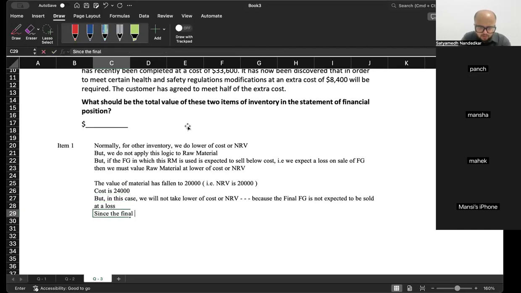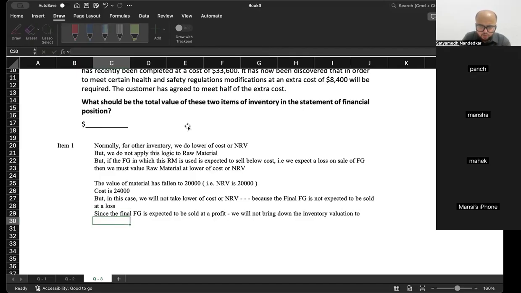Since the final finished goods is expected to be sold at a profit, we will not bring down the inventory valuation to lower than cost. Okay. So item 1 will be valued at 24,000, which is cost.